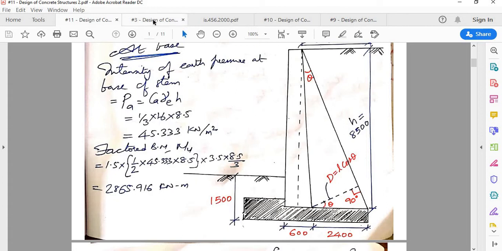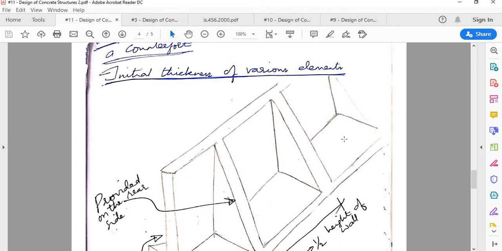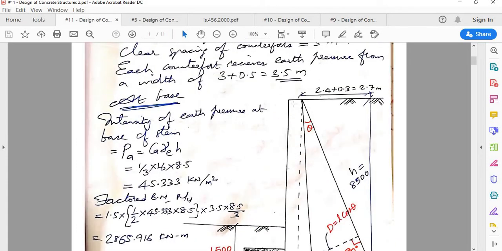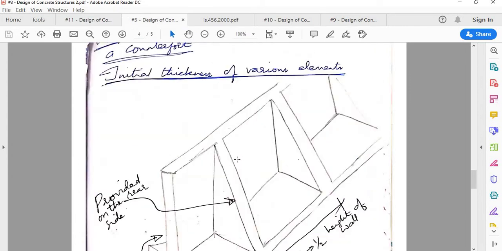Here the difference is, when we are designing the regular retaining wall, we consider the length as unity. When you are designing the counterfort as a T-beam, you cannot consider length as unity because the counterforts are spaced at a certain spacing. The clear spacing is 3 meter, and the thickness of the counterfort is 0.5 meter.